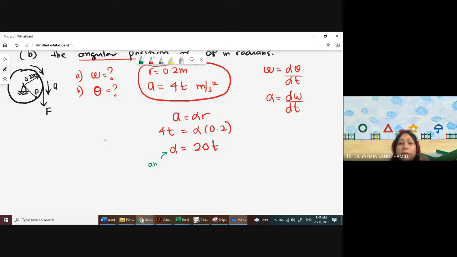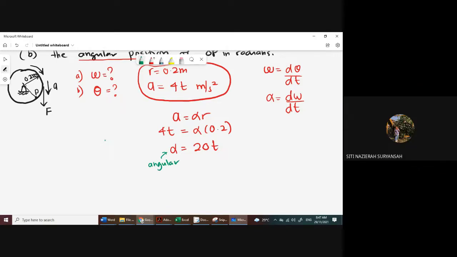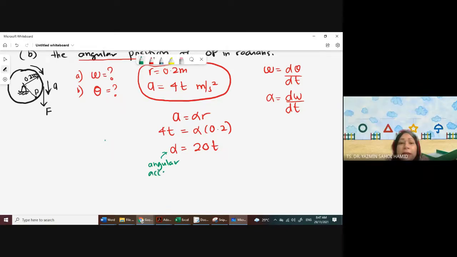Alpha is angular acceleration, right? So the unit is radian per second squared.